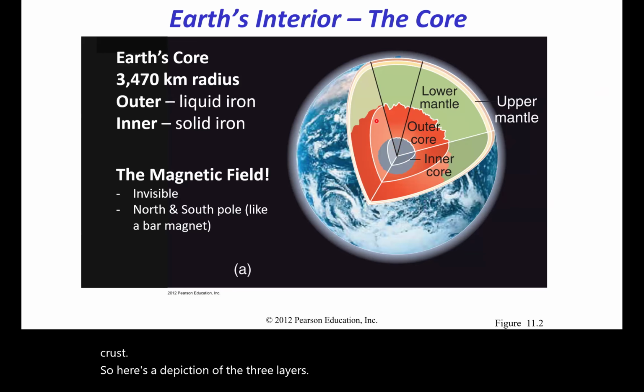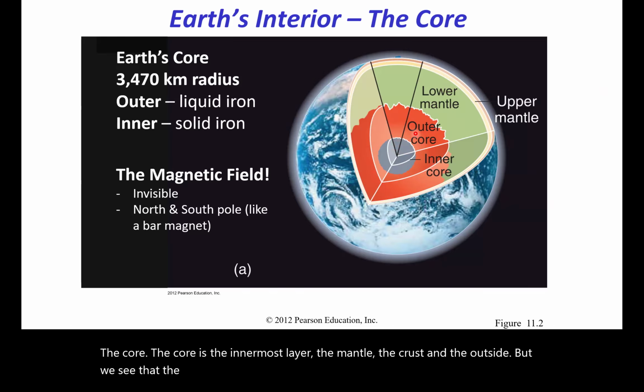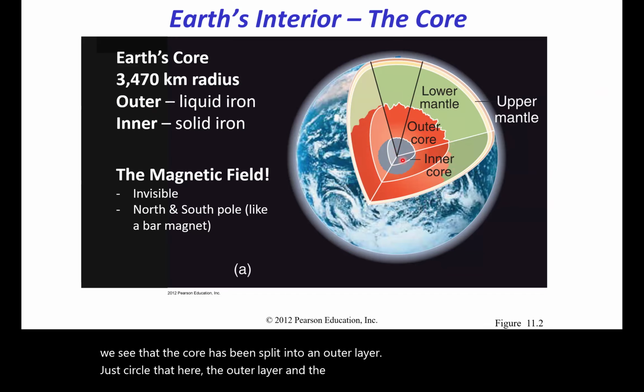The core is the innermost layer, the mantle, the crust, and the outside. But we see that the core has been split into an outer layer, just circle that here, and the inner core here, right in the middle.